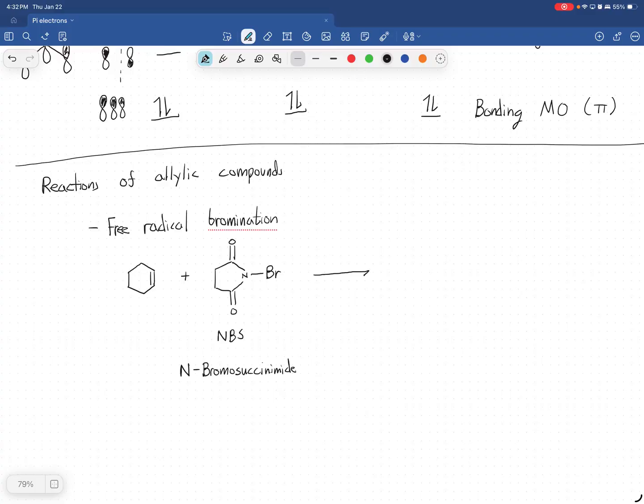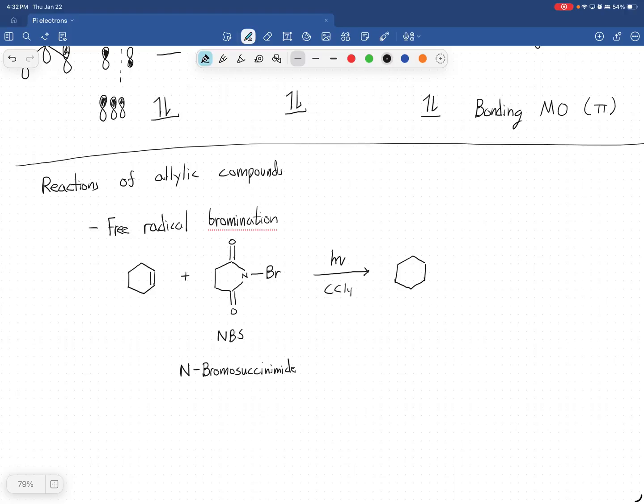And what happens here is you have H nu, so light, and this is just the solvent, CCl4. Alkenes are nonpolar, so we put in a nonpolar solvent to get everything in solution. You might think, I have a bromine, won't that just attack the double bond?